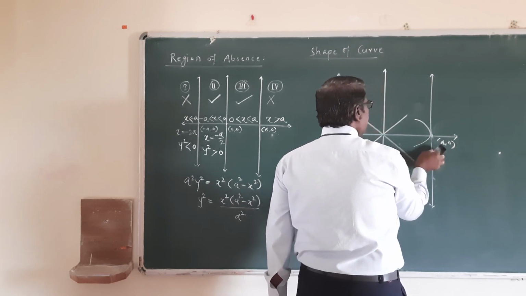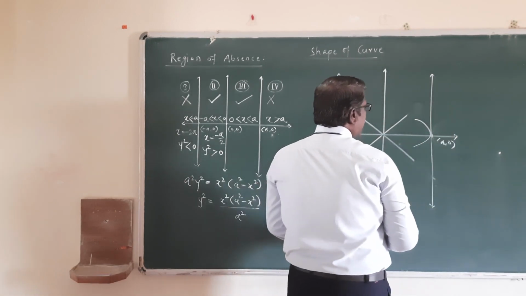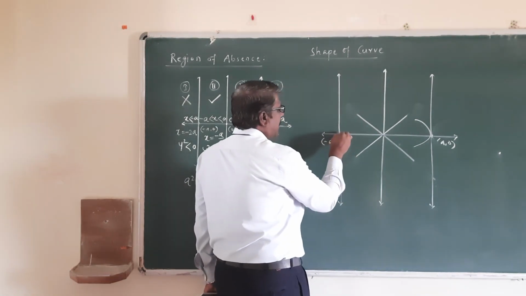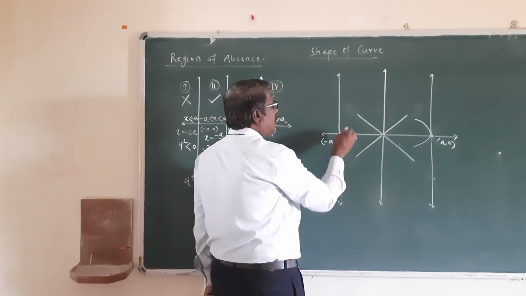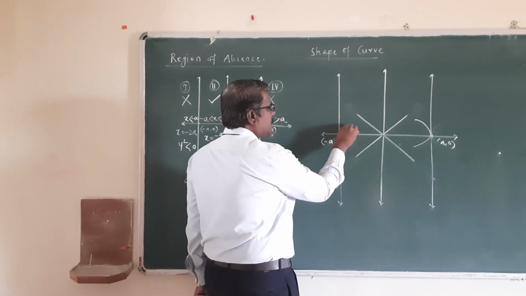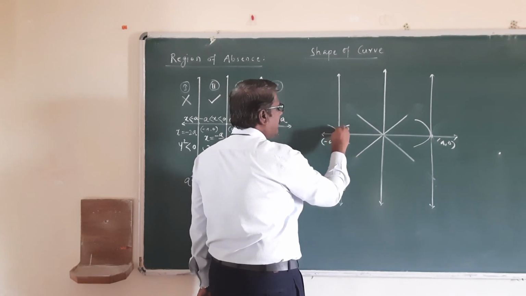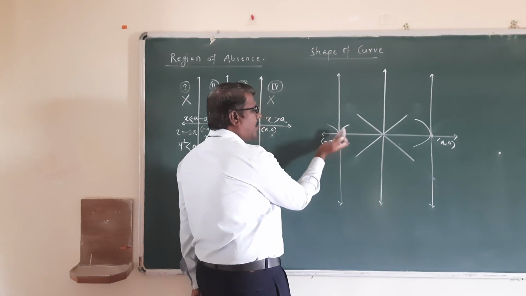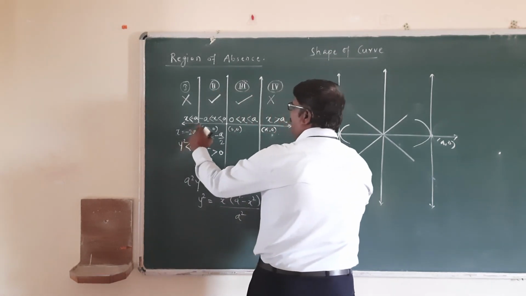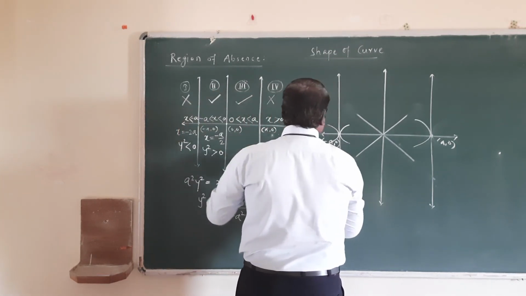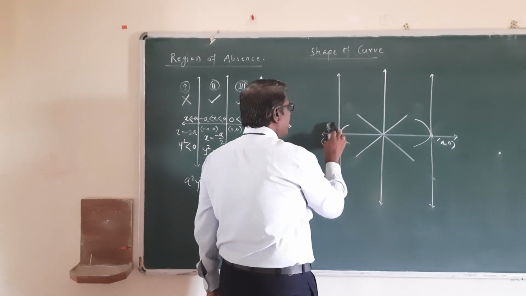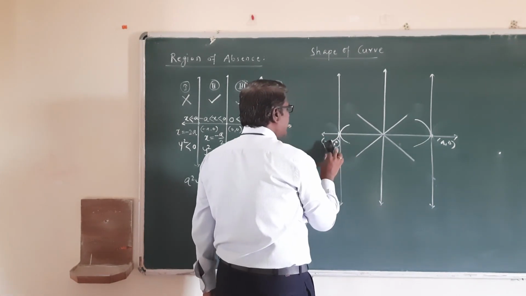So the curve is absent in the fourth partition. Similarly, at minus a0 this line is tangent, so the possible curves are either on this side or on this side, but before minus a0 the curve is absent, and therefore I will remove this part.